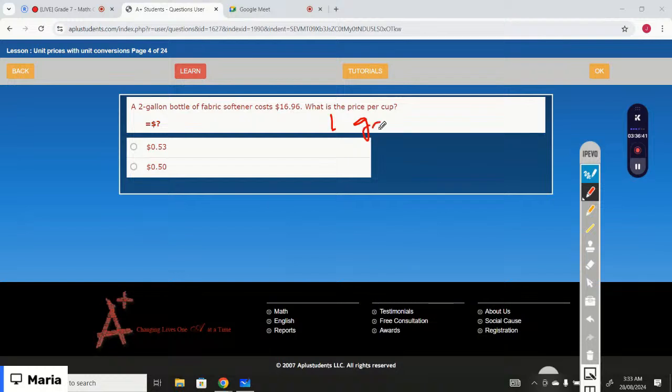So you have 2 gallons. Convert the 2 gallons to cups first. 2 times 16 is 32 cups.